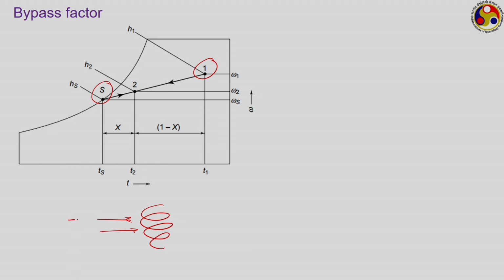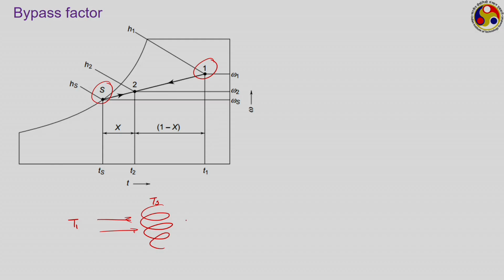So, this air is coming with temperature T1 and this coil is maintained at temperature Ts. Now, the portion of the air which comes in contact with the cooling coil will try to approach that temperature Ts, whereas the portion which is not coming in contact with this coil probably will be retaining its temperature T1.